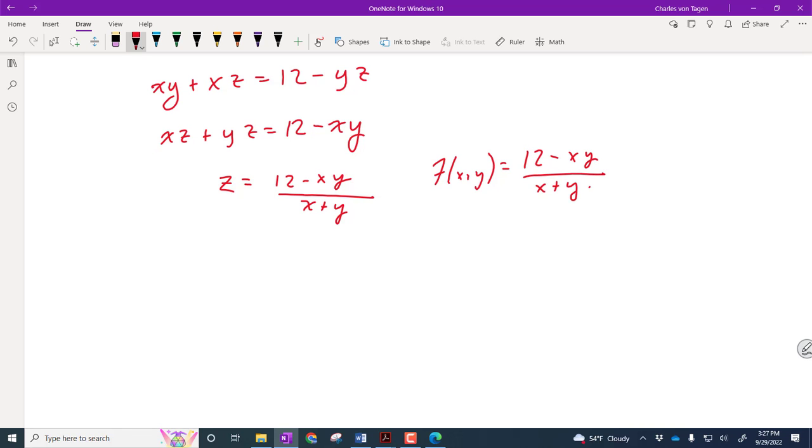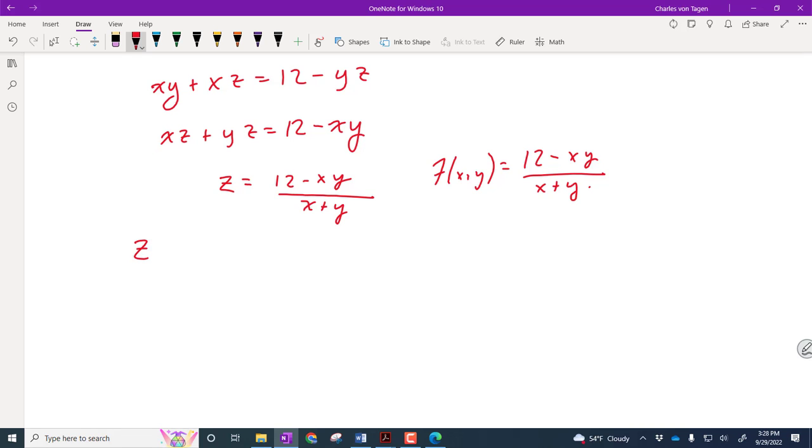Okay. So what was our alternate definition then for the tangent plane? Our alternate definition was that the plane would be of the form z. Now careful, that z is not the name of the function.